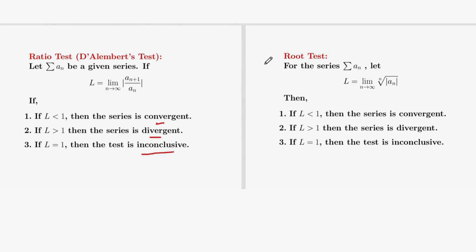Now the question is when to use the ratio test and the root test. If the terms in a series contain a factorial, for example n factorial, or powers of n, for example n raised to n, then in this case apply the ratio test.